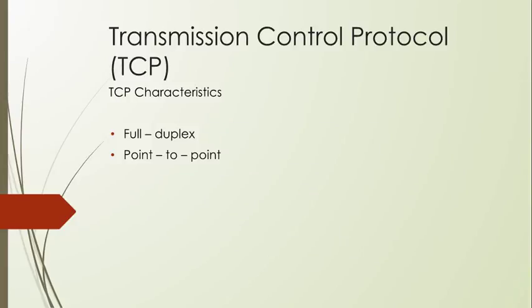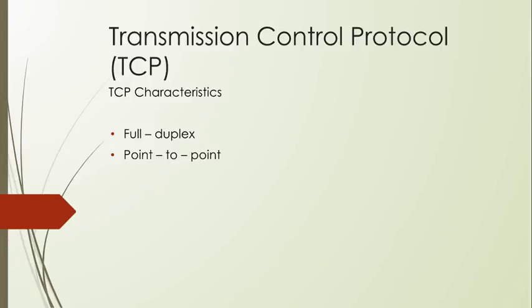So here are some of the characteristics of TCP. It is full duplex and point-to-point. Full duplex means that data can travel both ways.